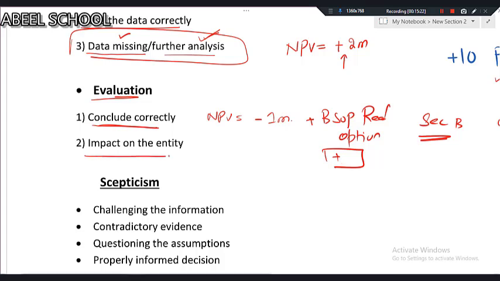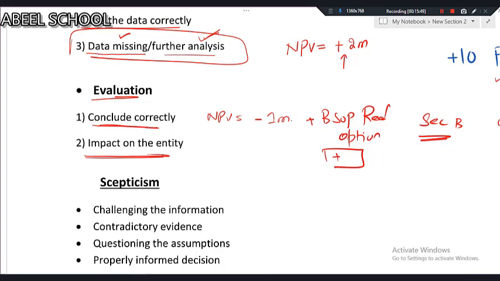Impact on the entity. You have to see what will be the impact of this project on the entity. For example, financially it is very much possible that the project is financially viable, everything is okay, but you have to consider non-financial impact also. Let me give you an example.